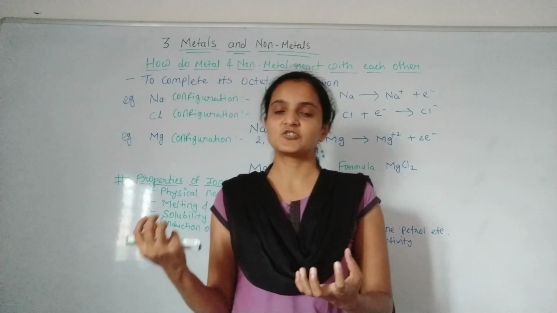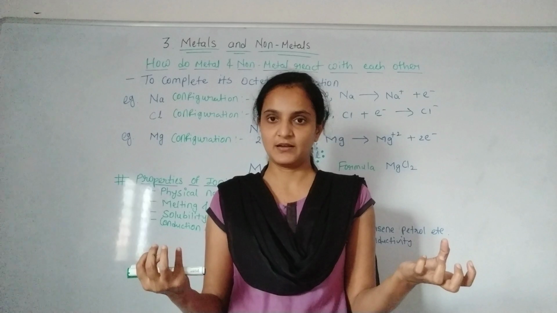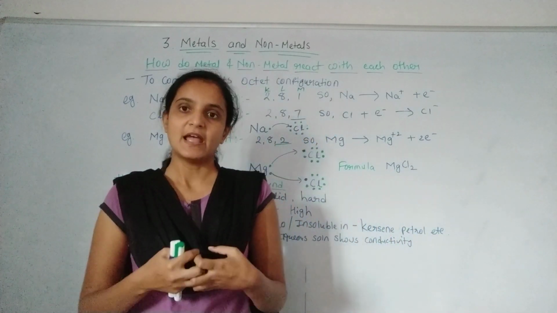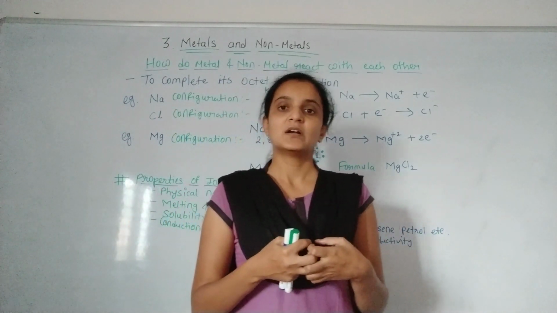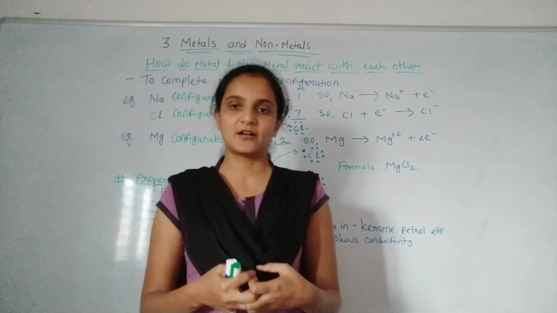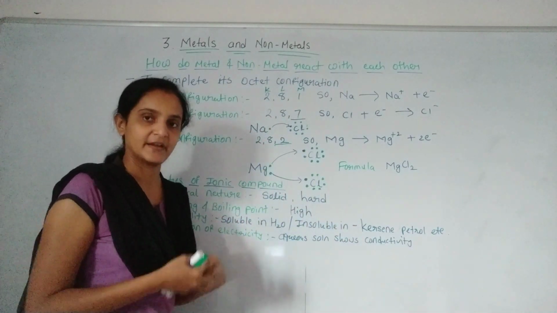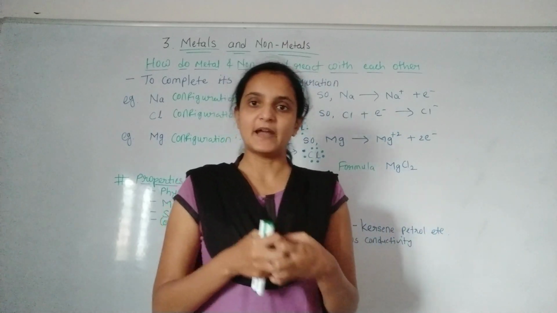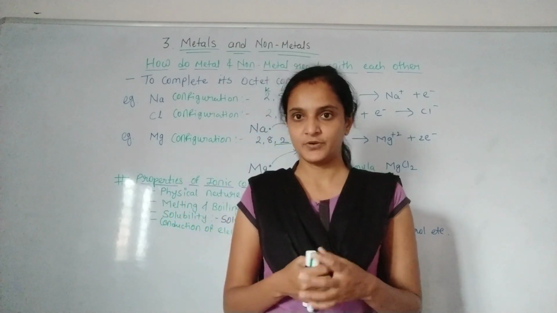So the positively charged metal is attracted by the negatively charged non-metal, and they combine and aggregate with each other because of the oppositely charged elements. That's why these compounds are known as ionic compounds. Why? Because the positive ion and negative ion aggregate with each other because of the strong electrostatic force, and that is the reason the compound is known as an ionic compound, right?